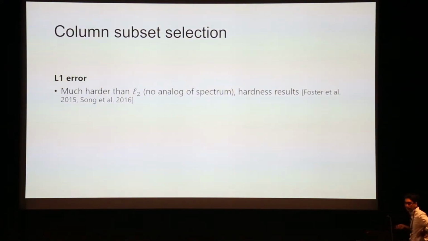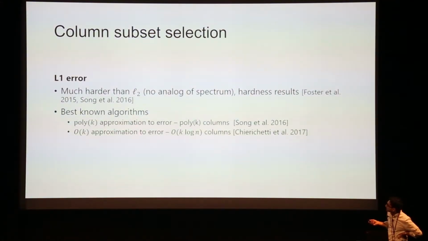This is a problem that people had studied earlier and gave up on, and more recently there were some hardness results that have been shown. There are also some algorithms that are known, which are also somewhat bicriteria algorithms. What they do is they get some kind of polynomial in k approximation to the error, and they use more columns than what is necessary.